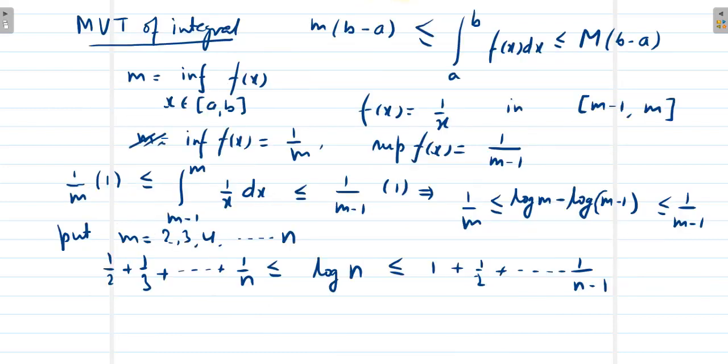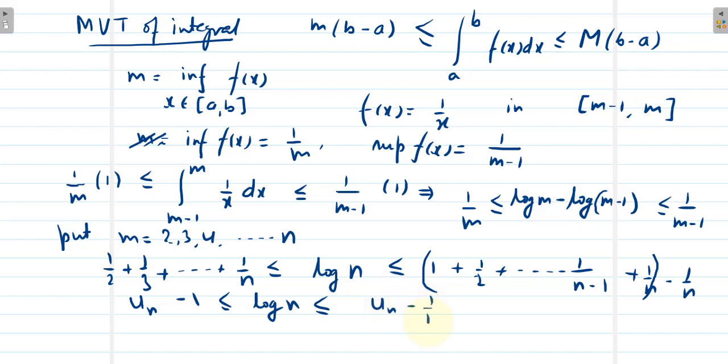Yes, it was u_n. So we can write u_n minus 1 is less than or equal to log n, and it is less than or equal to, if we add 1/n and then subtract 1/n, u_n minus 1/n. So we get u_n minus 1/n.